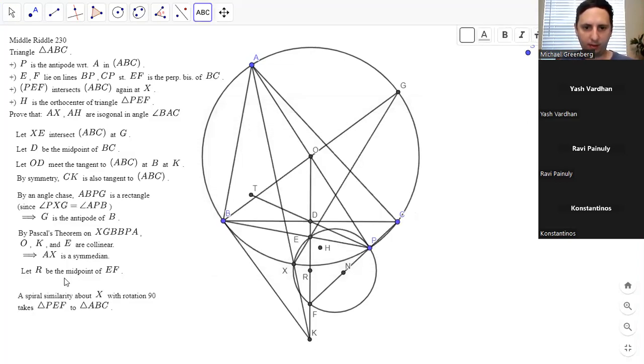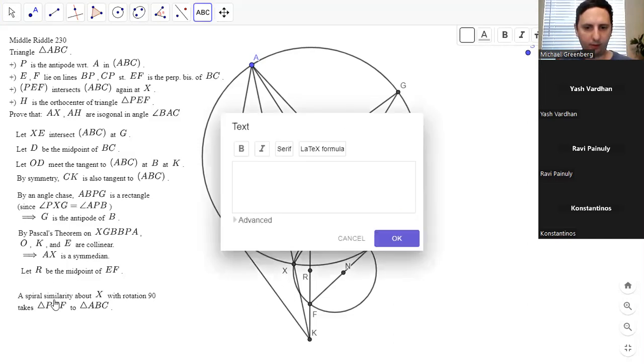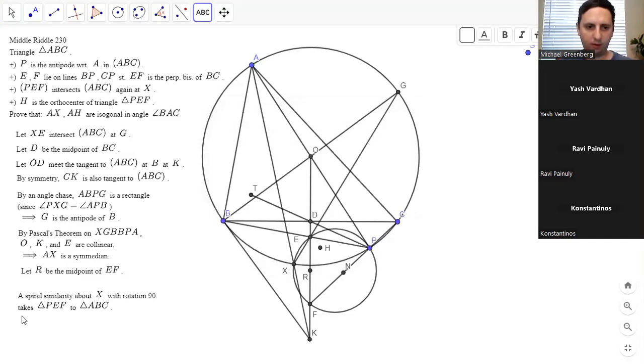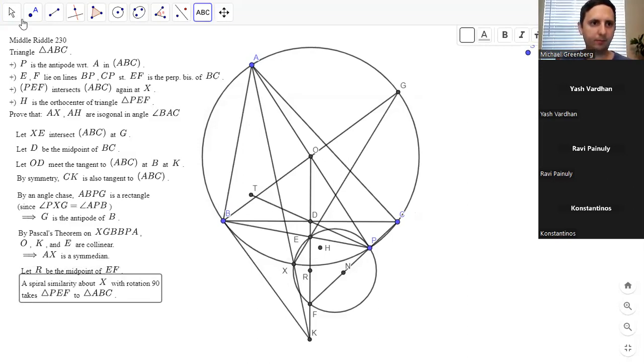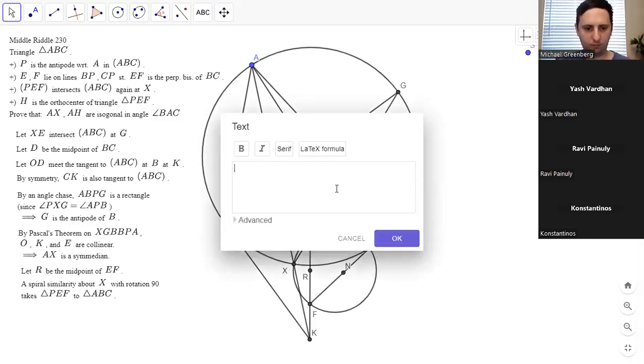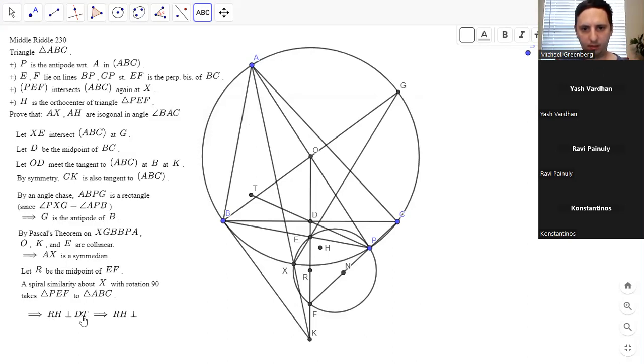And that means that RH is perpendicular to DT, and that means that RH is perpendicular to DP.